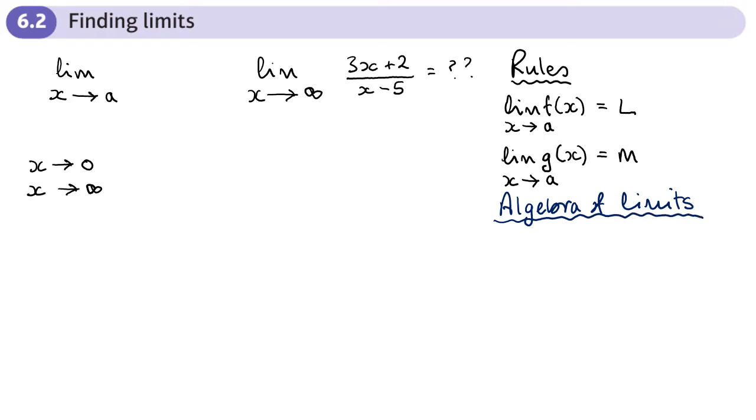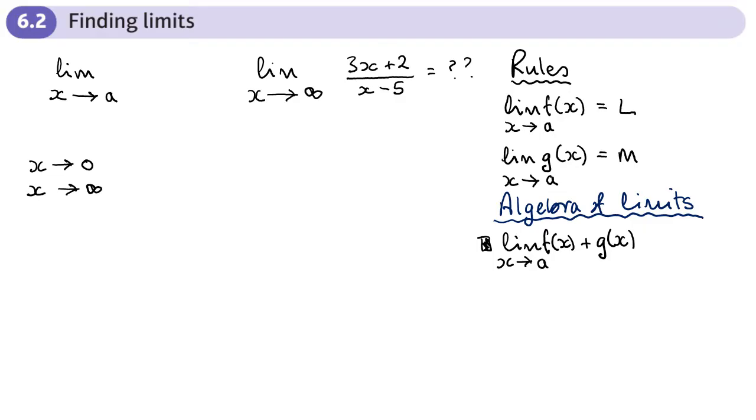So what do these rules look like? Well, the first rule is that if I have the limit of the first function as it tends to a plus the second function, so actually we're almost like putting these two functions together first before we find a limit of them.